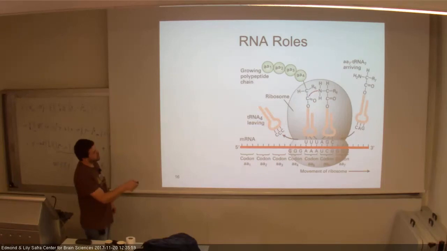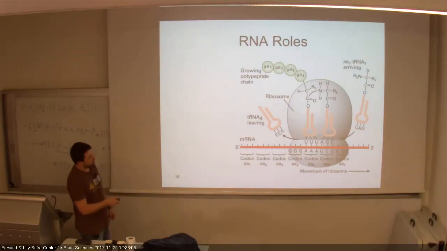And it happens in this direction. So you have a tRNA that's bound to a specific amino acid that has a specific 3-letter combination that we call an anticodon in this case. This is a codon on the mRNA, which is divided into triplets, and an anticodon that knows how to bind to these codons. And this is all done in the context of the ribosome.